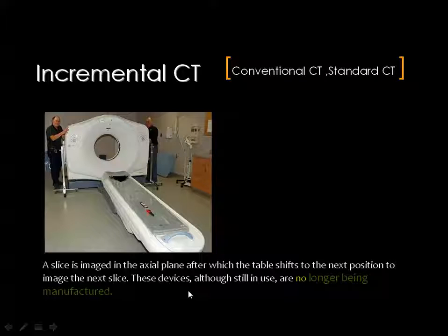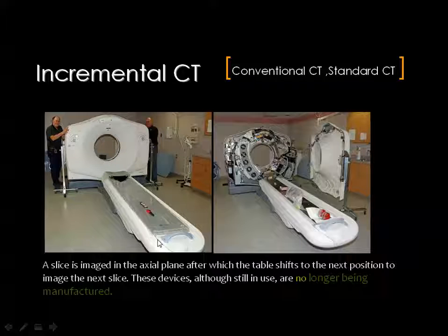Then you know that the CT machine is made of a large box known as the gantry and a bed where the patient lies. If you open this gantry, you will see a lot of instruments and machines, but the most important are the X-ray tube and the imager, which is known as the detector.